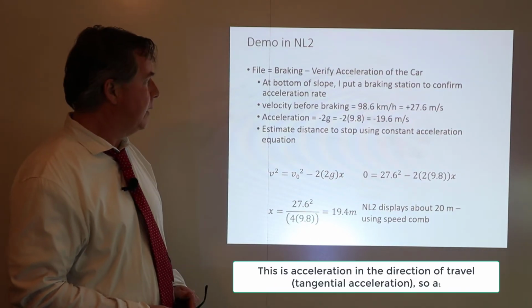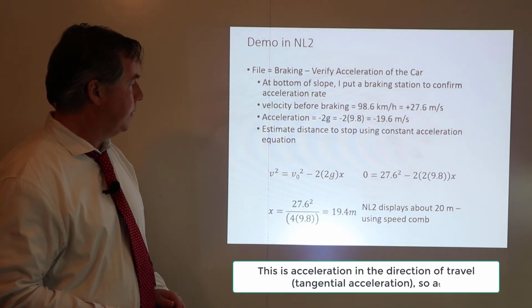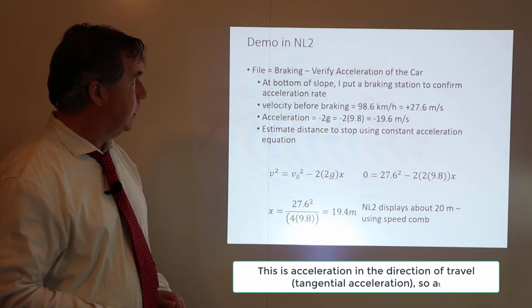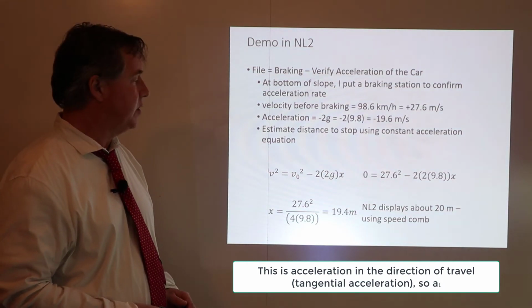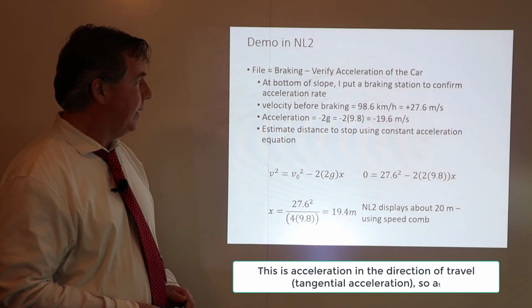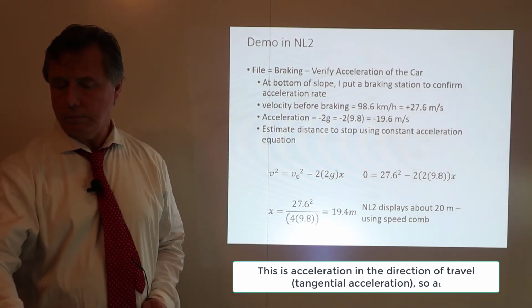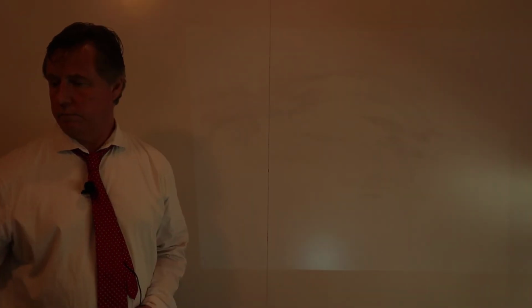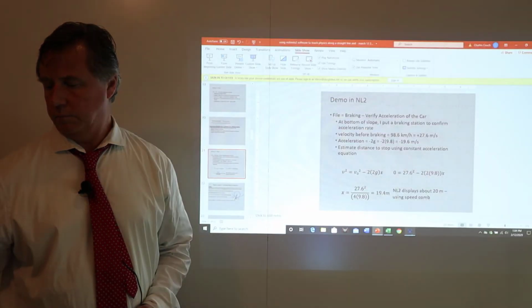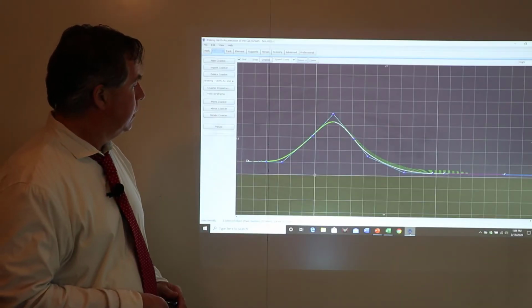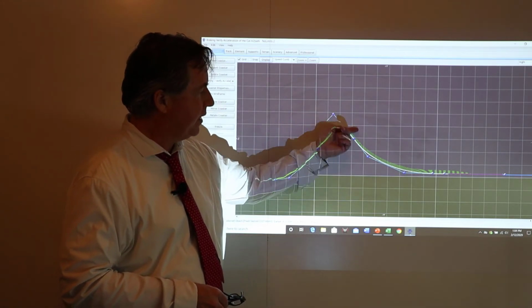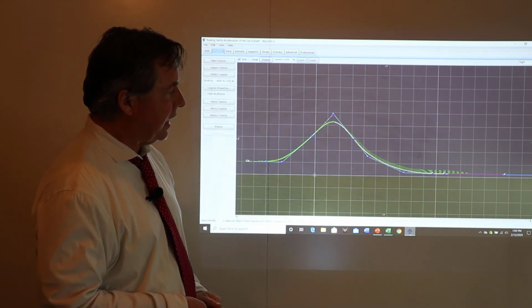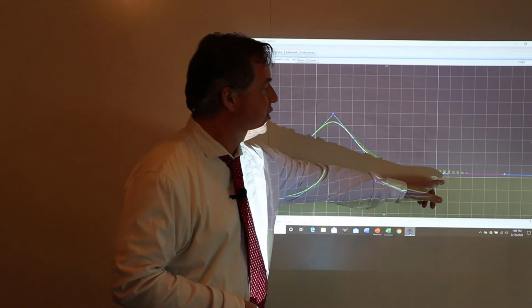So the third scenario I want to show you is acceleration due to braking, or you might want to call it deceleration. The scenario here is the roller coaster goes up an incline, it comes down, has a very high velocity, and then the braking station kicks in here.